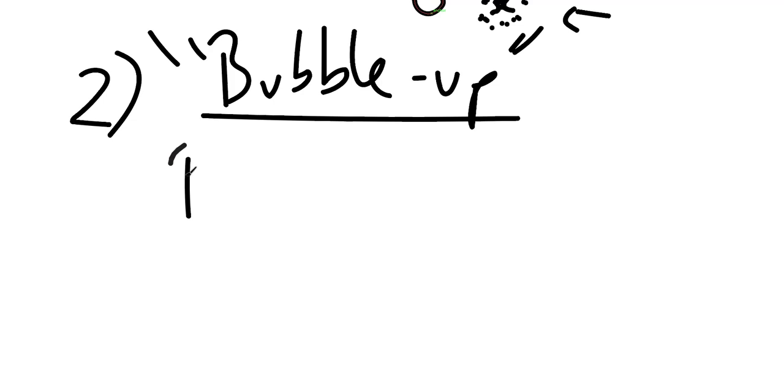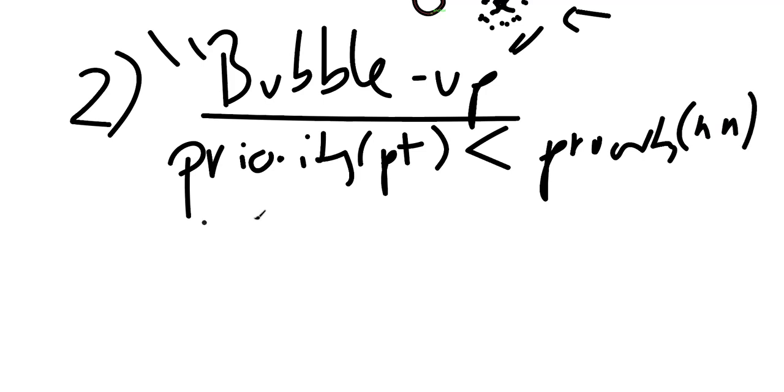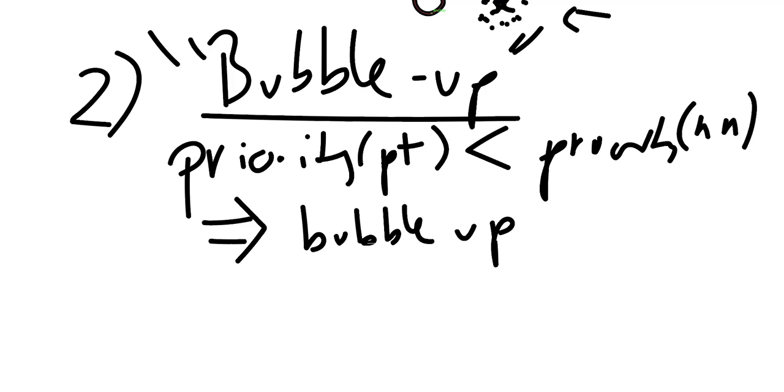So if the priority of the parent is strictly less than the priority of the new node, because it's allowed to be equal, in which case it retains the max heap property, then we bubble up, which means we swap the new node with the parent.